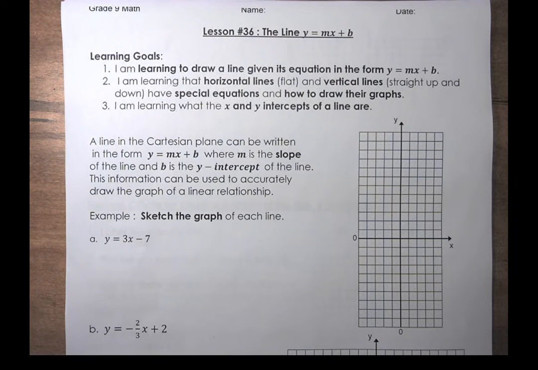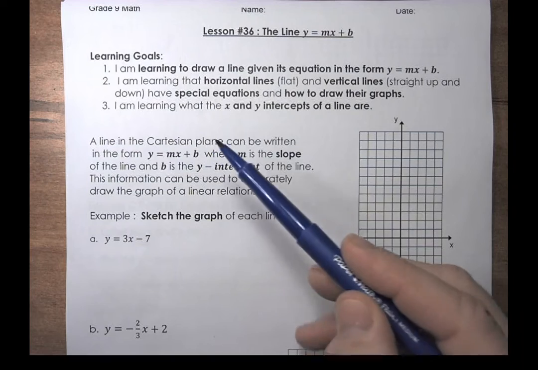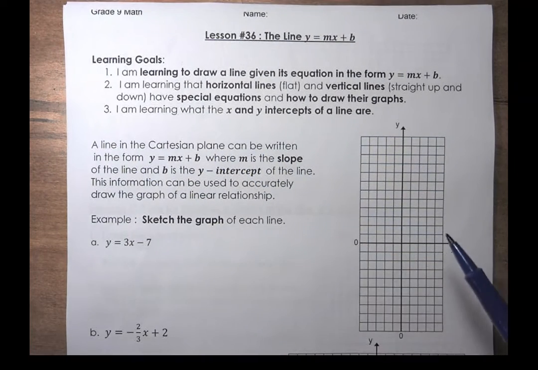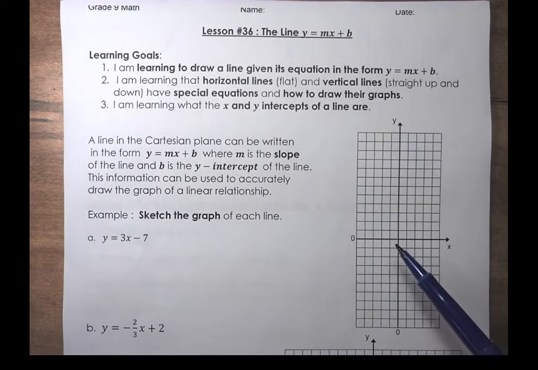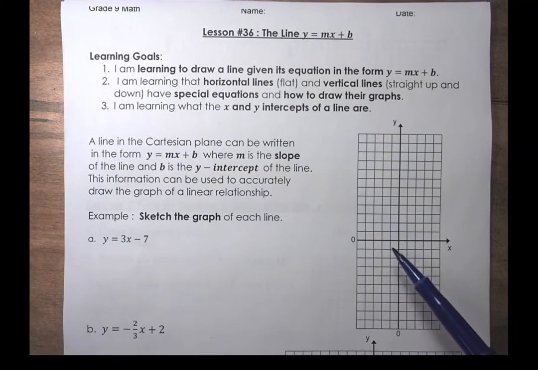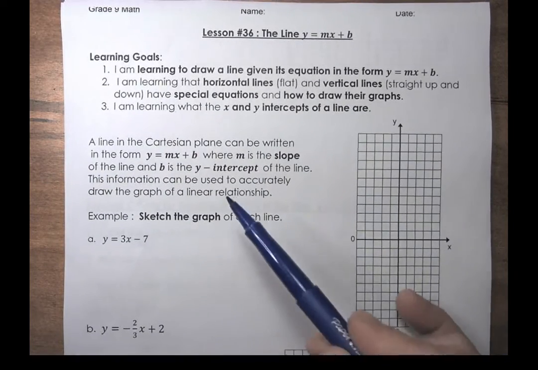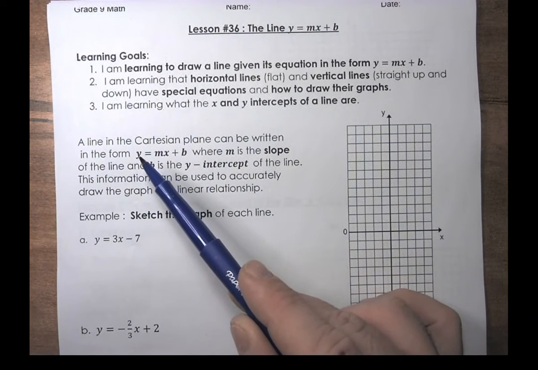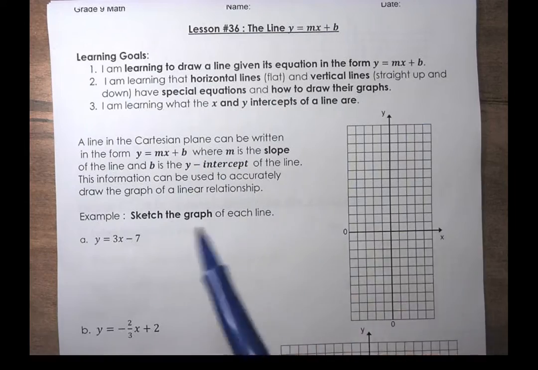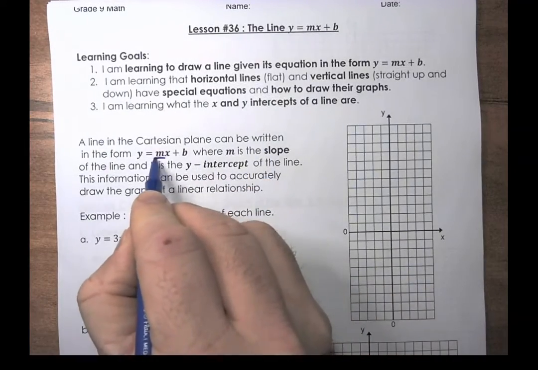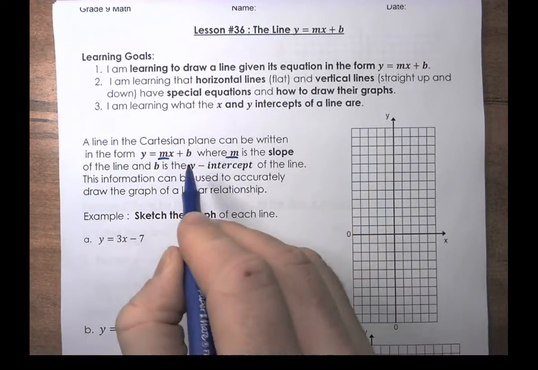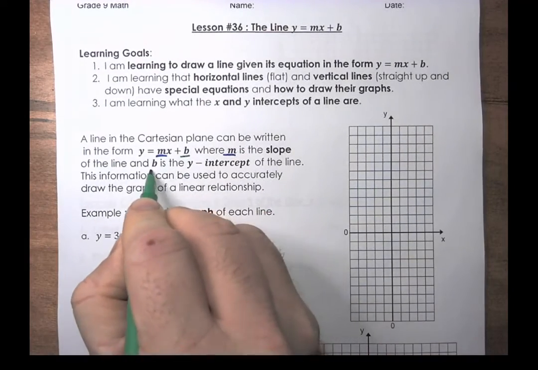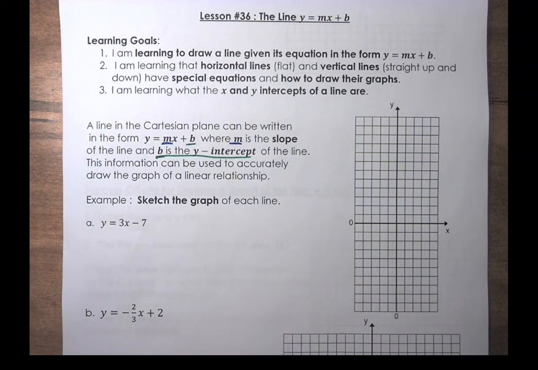So at the beginning of the learning, we were talking about a Cartesian plane, and how these are just units of 1 to the right, to the left, up and down. And we've learned that when we have an equation y equals mx plus b, m is the slope and the b is the y-intercept of the line.